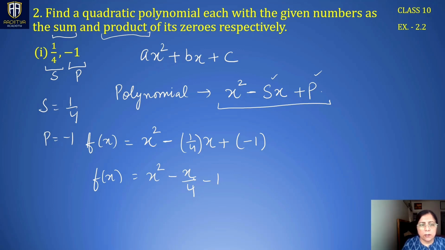You can either leave it here or you can take the LCM and simplify it further. So this becomes 4x square minus x minus 4, and you can write this as 1 by 4 times (4x square minus x minus 4). So this is the quadratic polynomial that you have got.